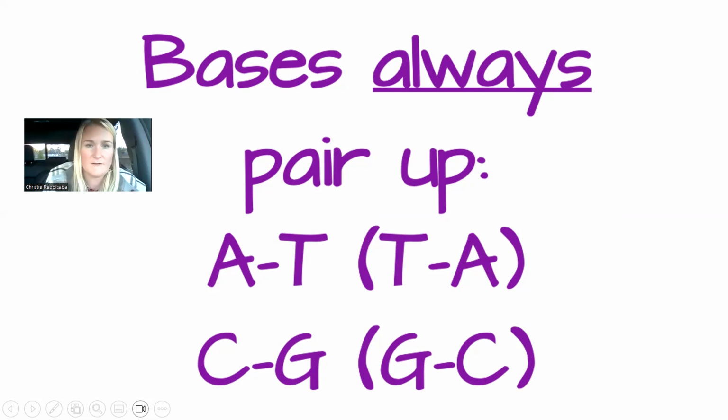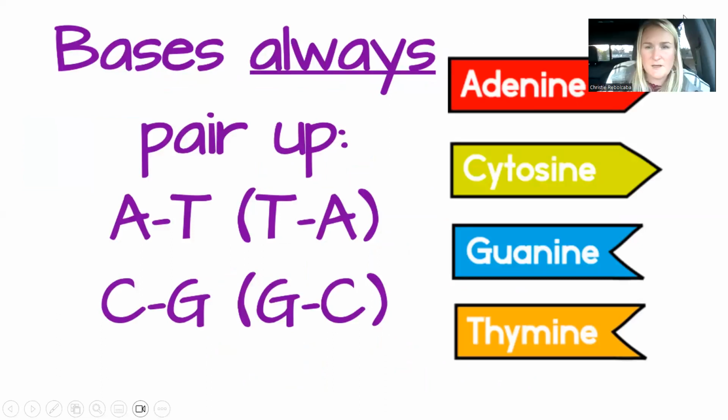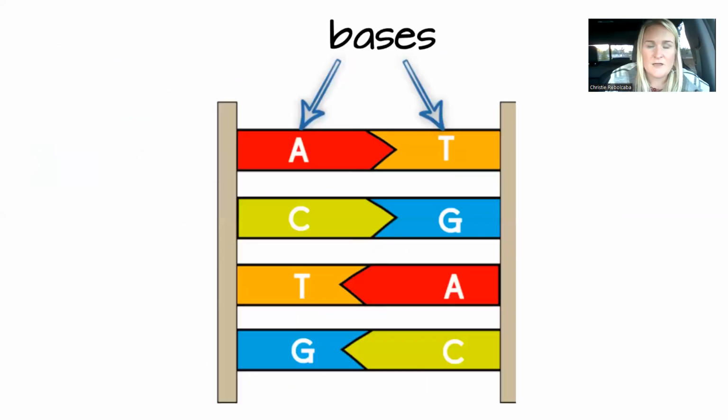It wouldn't pair up correctly. As I had mentioned the names, here's the spelling: adenine, cytosine, guanine, and thymine. And here they are paired up. You can think of it that they fit perfectly together. These are your nitrogenous bases, and this would be called your phosphate backbone.